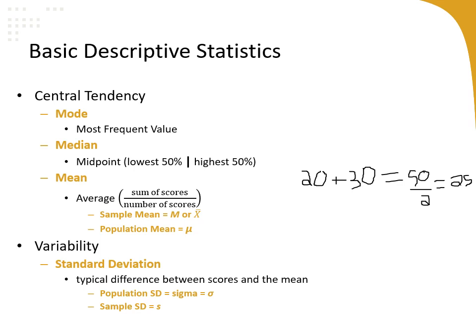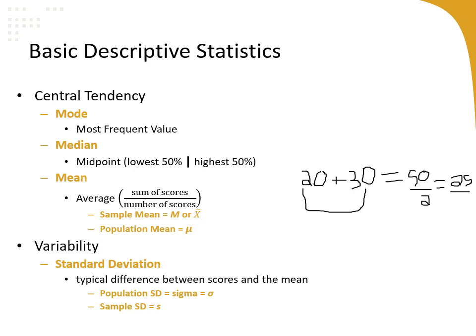Now, the standard deviation is the measure of variability. It just tells you, on average, how spread out our scores are from the mean. So if we thought about this situation, our standard deviation would be a 5 because our mean is 25, 20 is 5 points away from 25, and 30 is also 5 points away from 25. So on average, the scores are 5 points away from the mean.